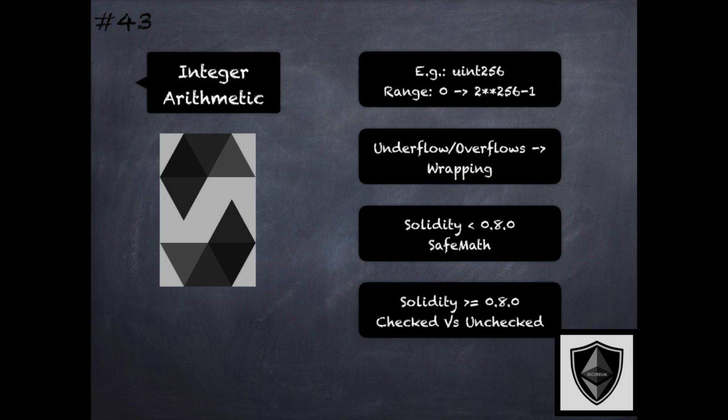And if the compiler version is 0.8.0 or beyond, then one should pay attention to any integer expressions that are using unchecked blocks to make sure that those don't have any overflows or underflows.